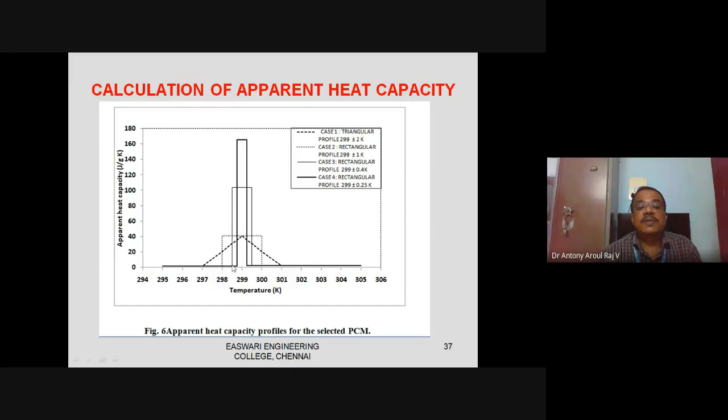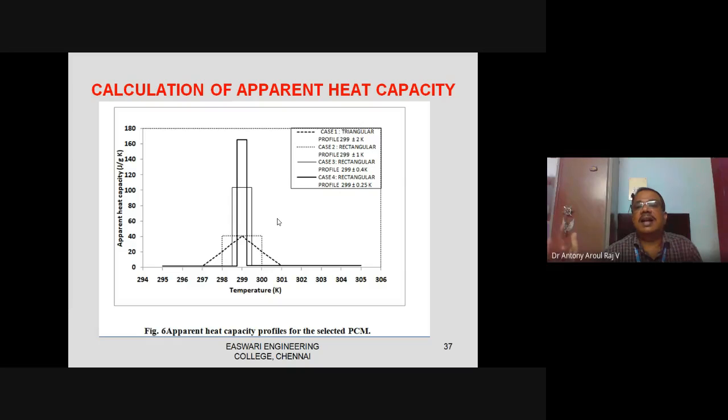Here you can see if the temperature range is 1, then the apparent specific heat is very much higher. If the temperature range is 2, the specific heat is reduced. If it is 4, it reduces further. So what you have to understand is that the latent heat is constant.